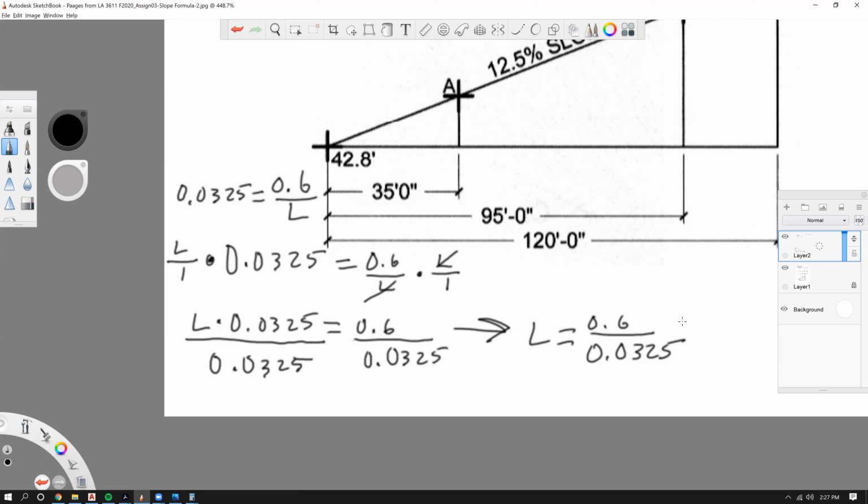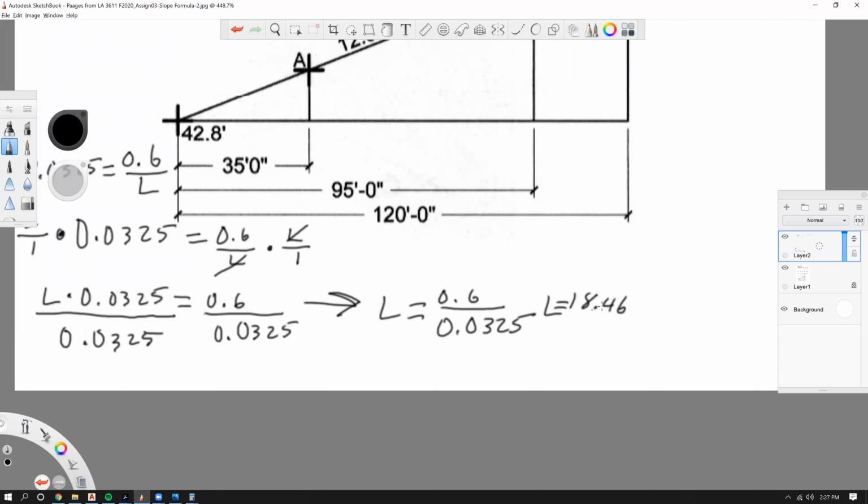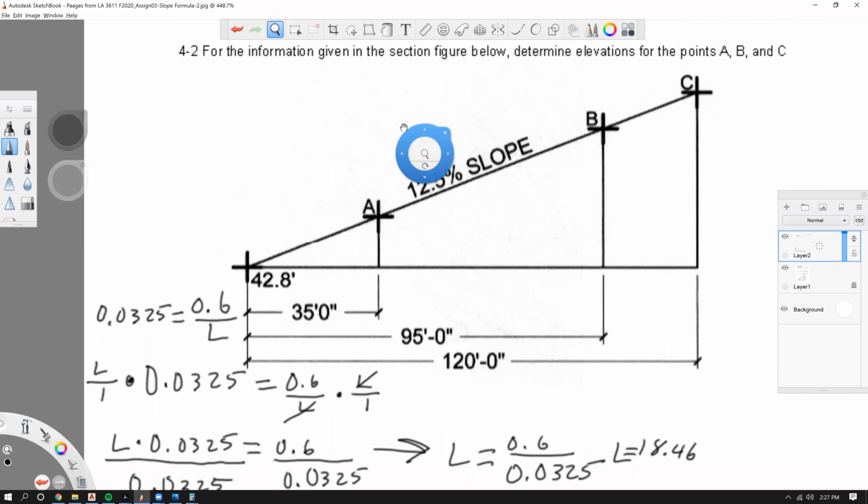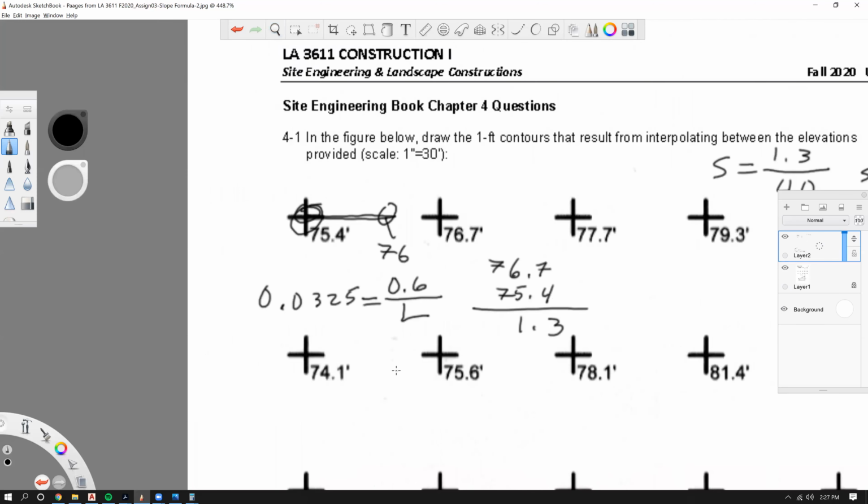Let's try it out. 0.6 divided by 0.0325 equals 18.46. So L equals 18.46. Now we have the distance, 18.46, that the 76 point is away from this 75.4.